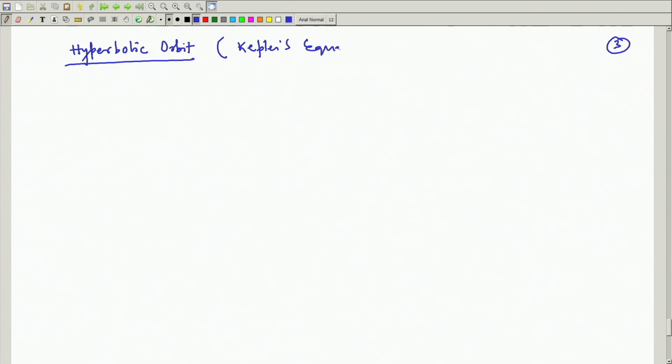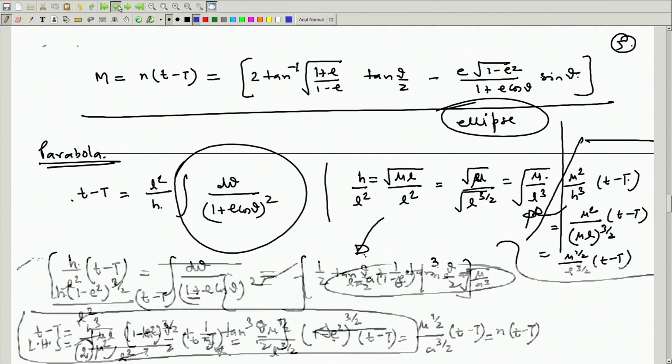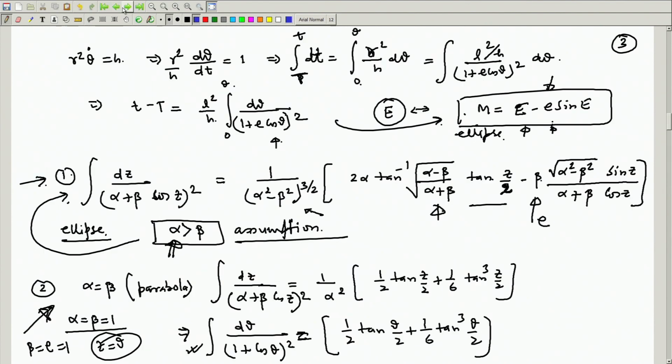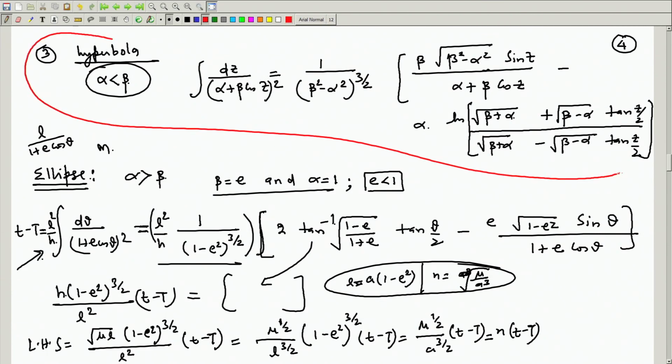So, what form will this be? Obviously, we have written one standard integration, so using that we can work it out, which we have written here in this place. This is your standard integration for hyperbola. So, if we utilize it, we can work out the problem.